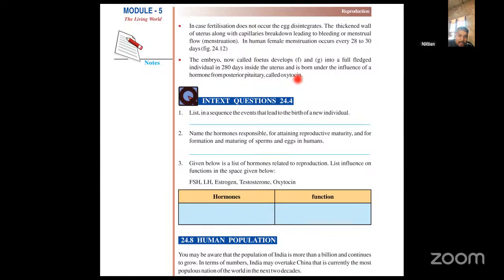If more oxytocin hormone is released, it means the mother will have labor pain. That labor pain will help the body to push, and because of that push, the baby will come out. This is the whole process of delivery.